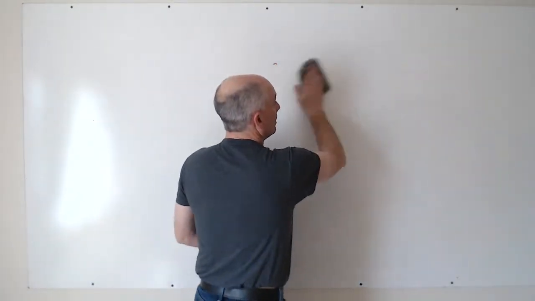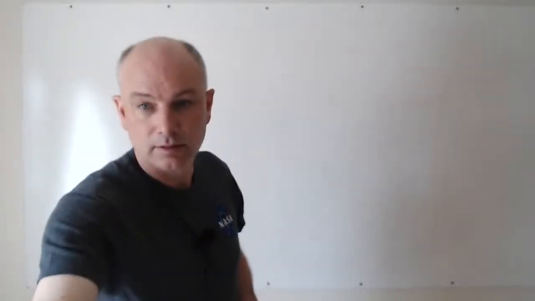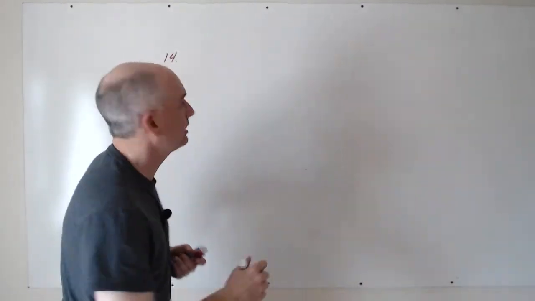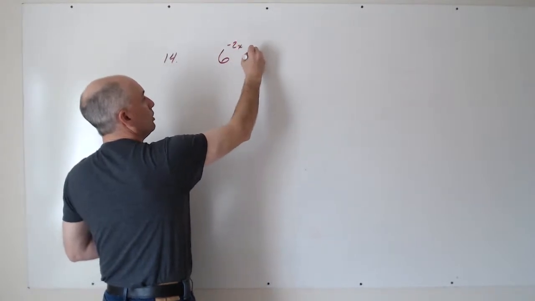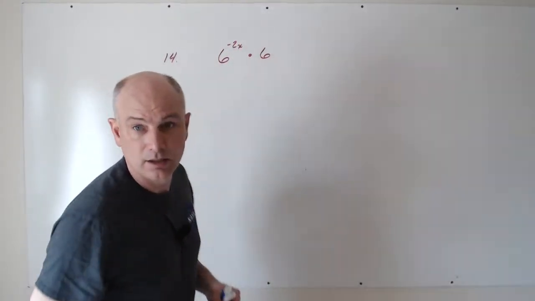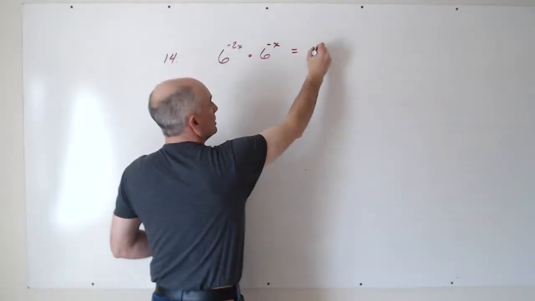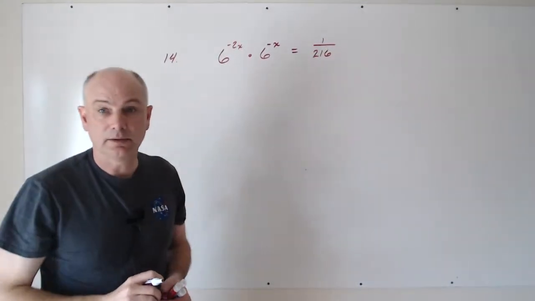Okay, all right, looking at problem number 14. In this one, we have 6 to the negative 2x multiplied with 6 to the negative x is equal to 1 over 216.